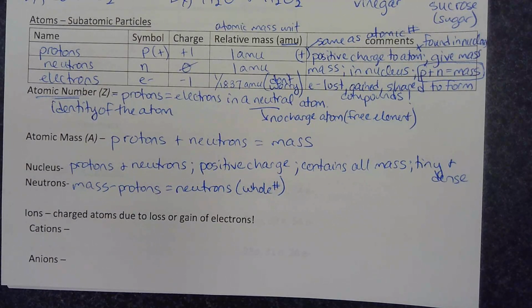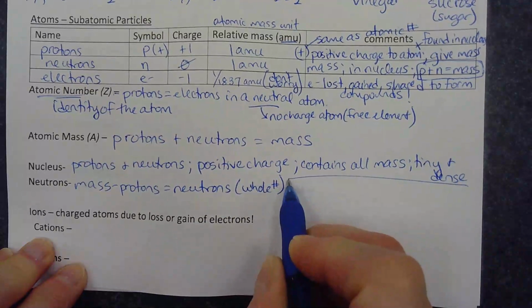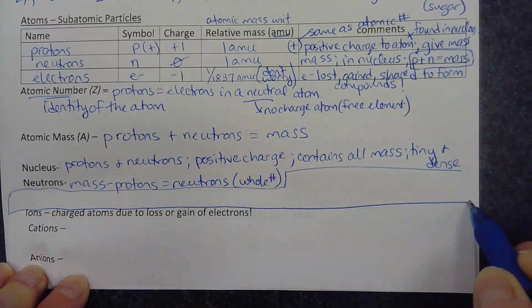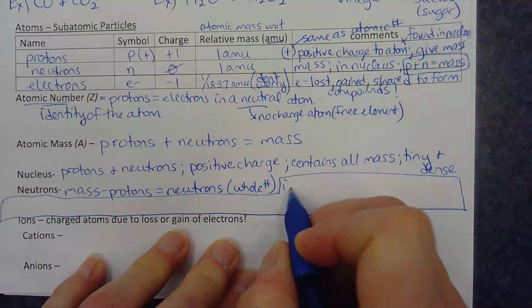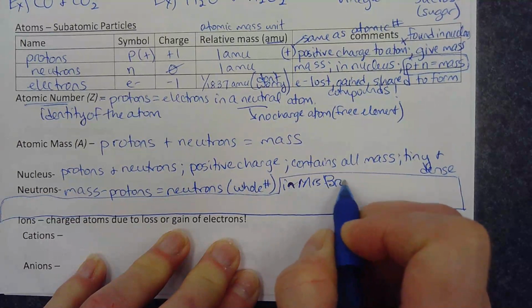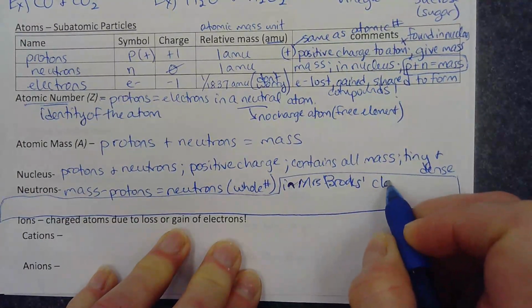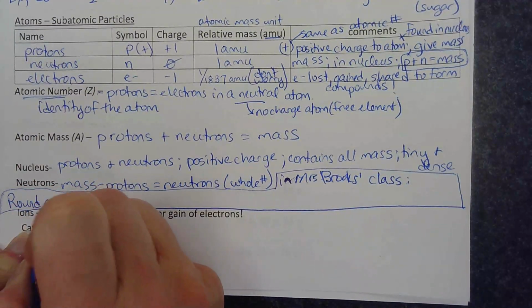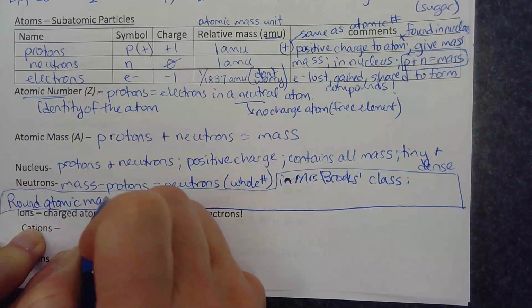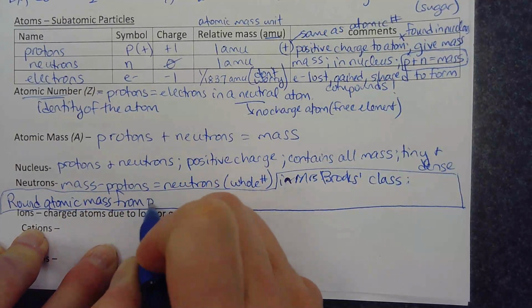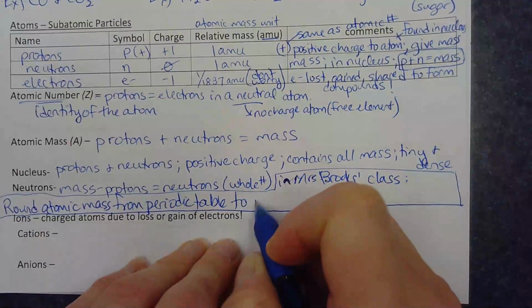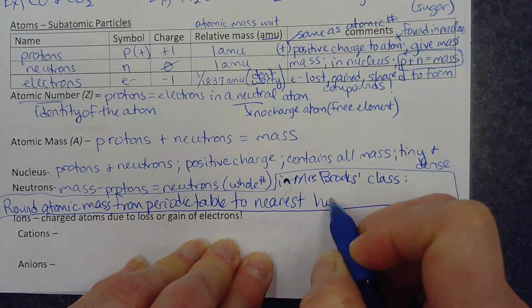Now, before we talk about ions, I need to make a comment about my class and the periodic table. I'm going to block this statement off so that we all are on the same page. In Mrs. Brooks' class, round atomic mass from the periodic table to the nearest hundredth.